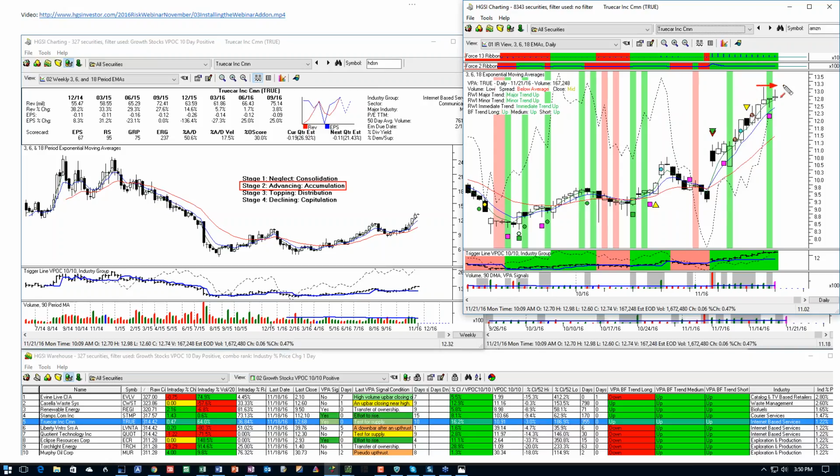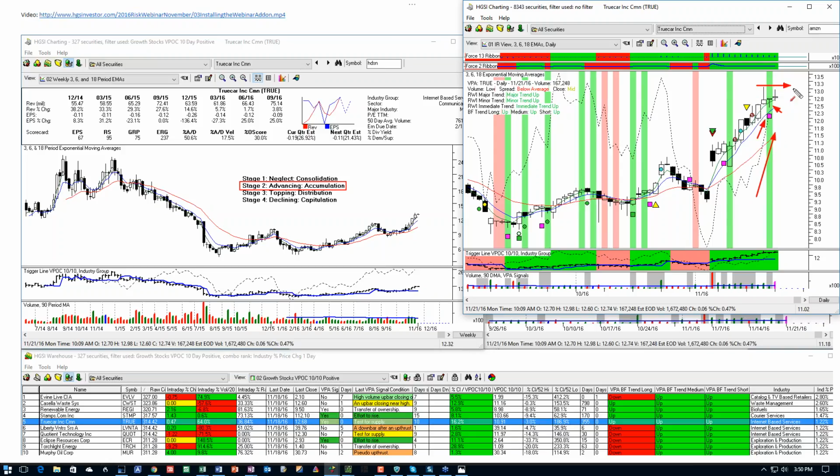I had it set up, if it took out that high, and this stock is a little extended, but what do I like about it? I like the group going up, and I like the fact that this line was generated and there was a test for supply. So as you can see, I'm bringing VPA into the equation, but I don't want to buy this stock unless it proves to me that it can take that out.